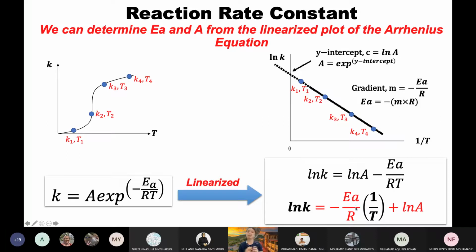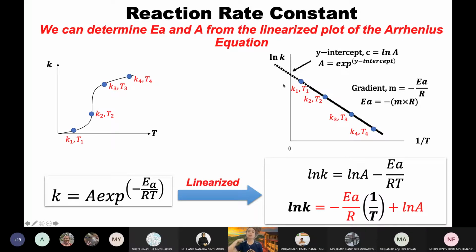Kalau kamu perasan, dia dah menjadi a linear equation sebab ln K is my y-axis, 1 per T is my x-axis. So naturally, minus EA per R will be my gradient and my y-intercept is ln A.